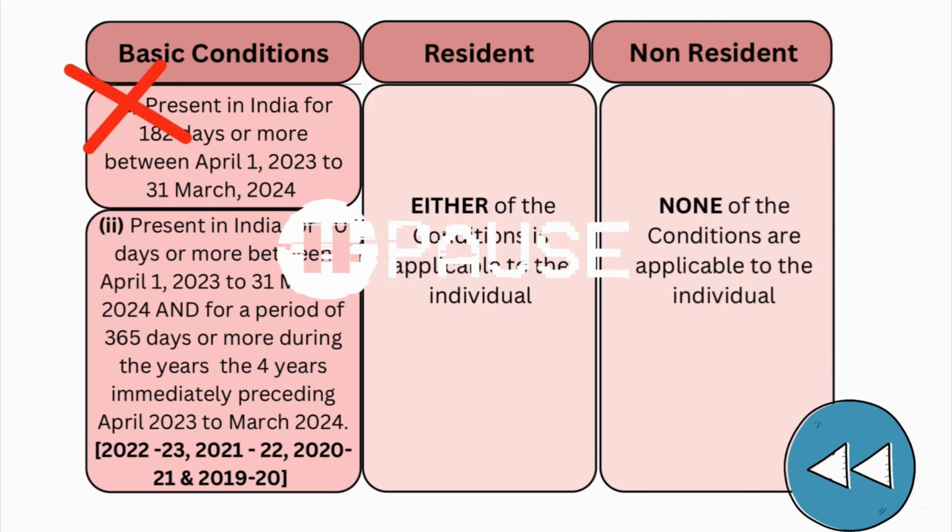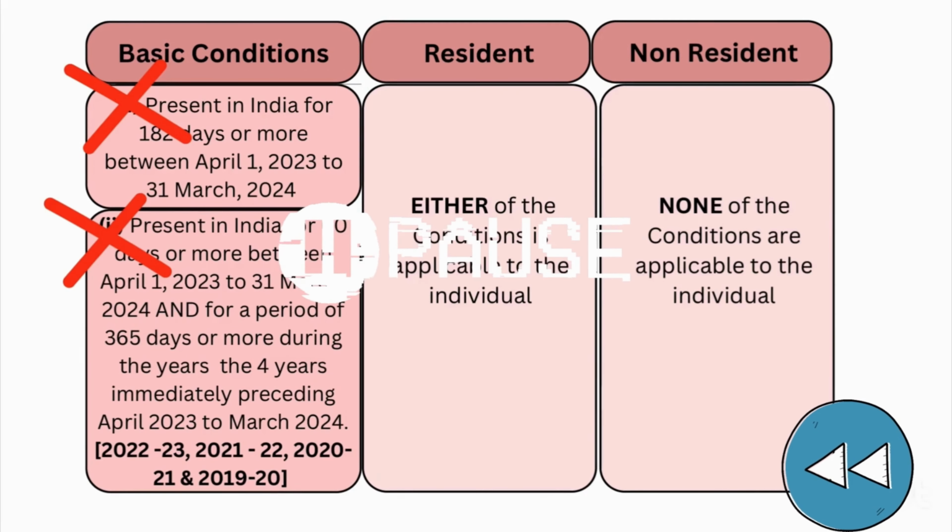Pause. I had said, if you don't fulfill any of these conditions, then you will be a non-resident. But there's an exception here. Let's say you are an Indian citizen who's a non-resident because you haven't fulfilled any of the basic conditions.